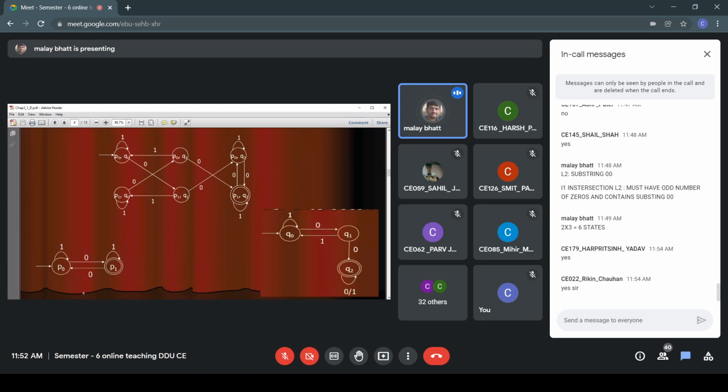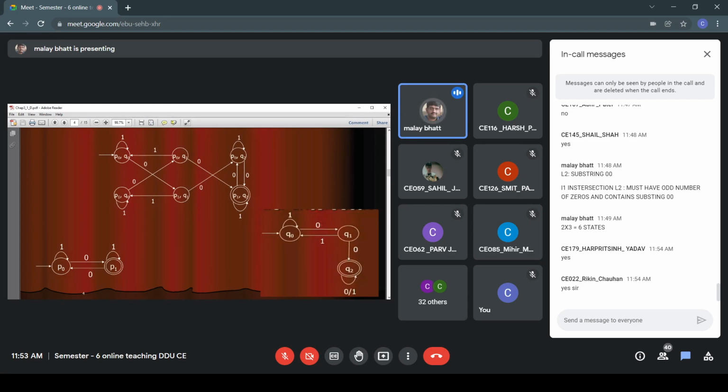Now from the P1 Q0 state, we'll check 0 and 1. P1 on input 0 will go to the P0 state, and Q0 on input 0 will go to the Q1 state. For P1 Q0, there is a self loop on 1. Now the only state left to check is P1 Q2.